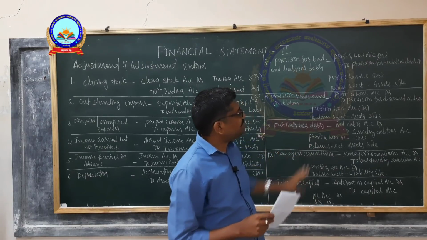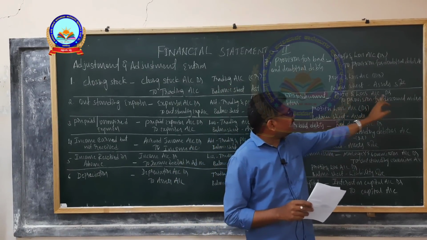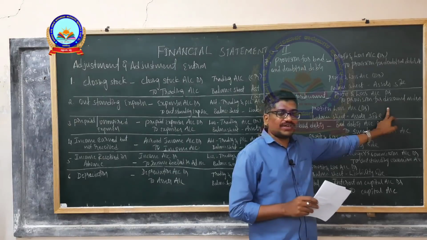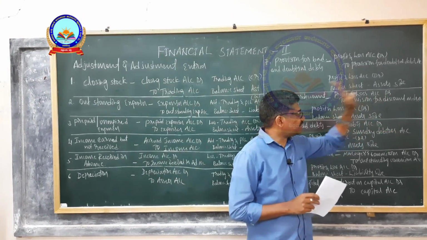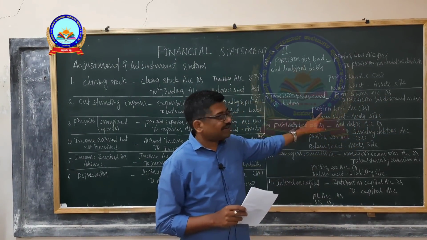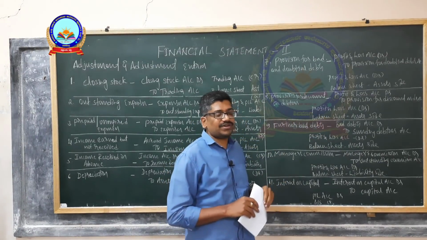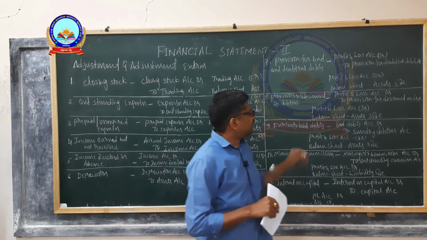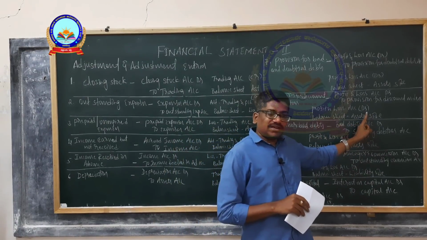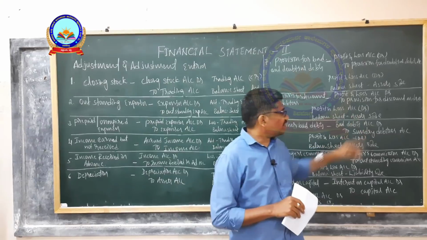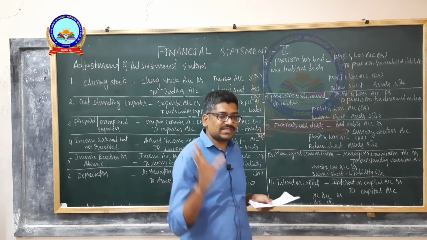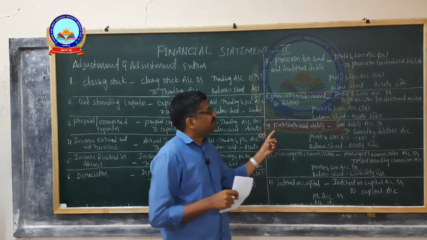The journal entry is again: profit and loss account debit to provision for discount on debtors. We record it on the debit side of the profit and loss account as discount on debtors, and in the balance sheet on the asset side we subtract it from the debtors.